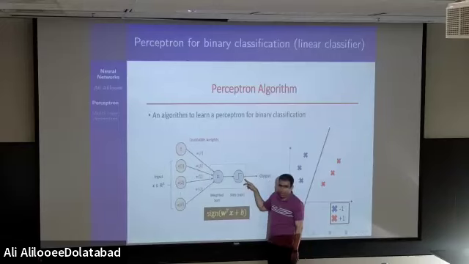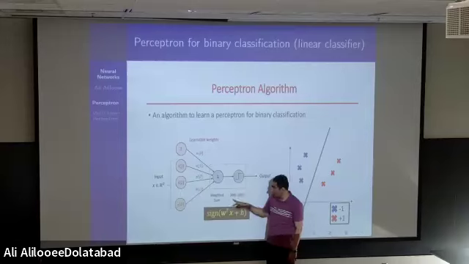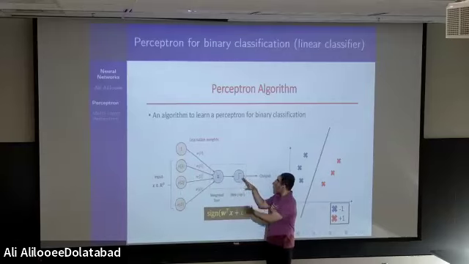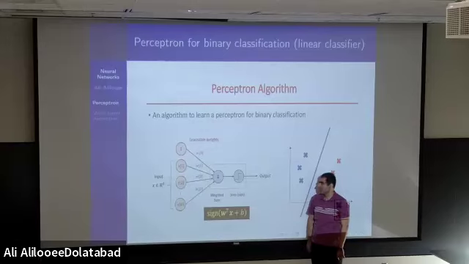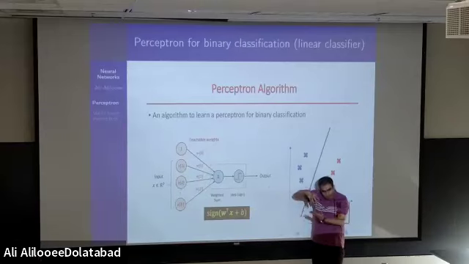Activation is this part. Any function here can be considered as activation. Here, for example, we have a step function, but there are plenty of other choices which can be used here. Then we combine these two and this is called a perceptron. Historically, the first concept of perceptron was this, and after that, people continued with more complicated stuff.